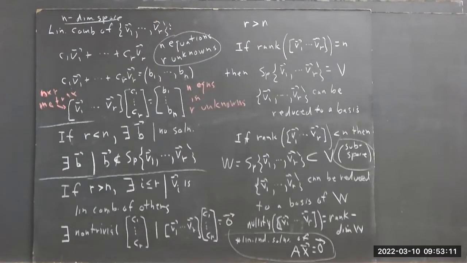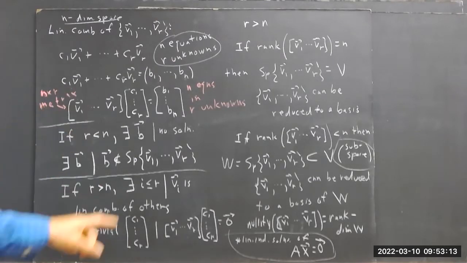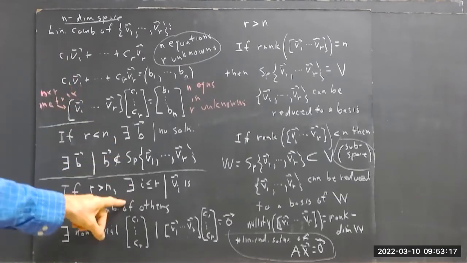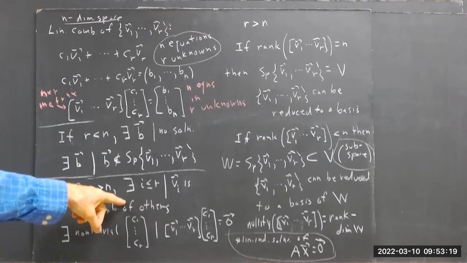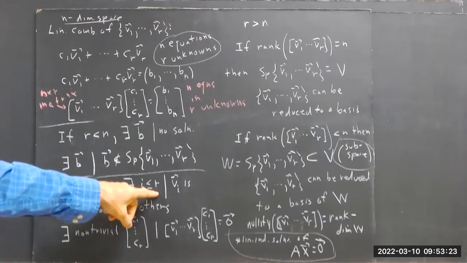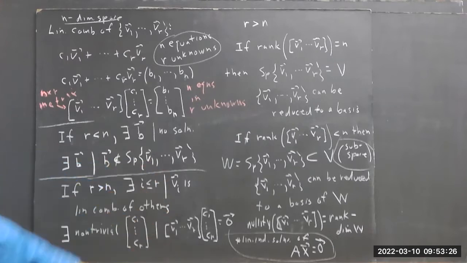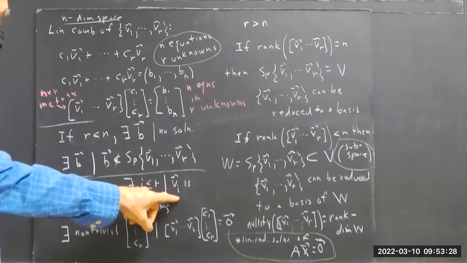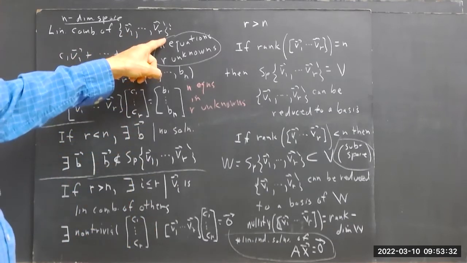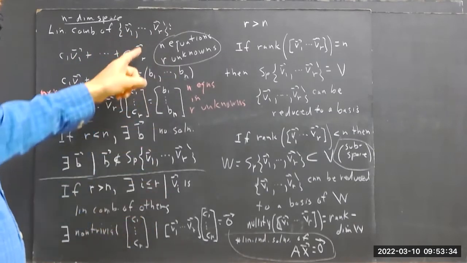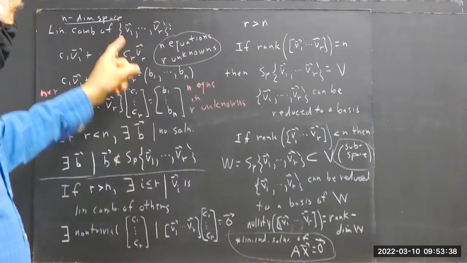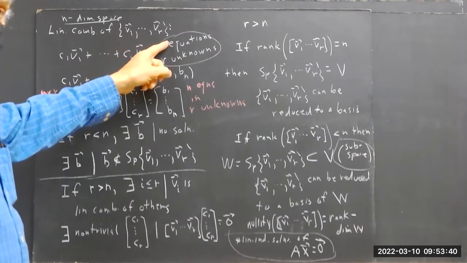If r is greater than n, then I'm going to say here, there exists, and I think we've used this notation, the backward capital E means there exists a number i less than or equal to r such that v sub i. Now, what does that mean? Well, you have r vectors. There's some number i less than or equal to r such that vi is one of these vectors.